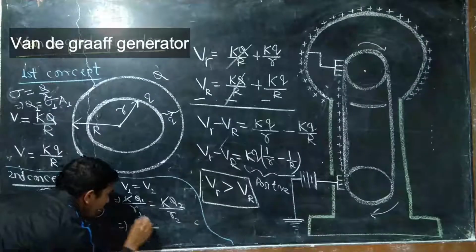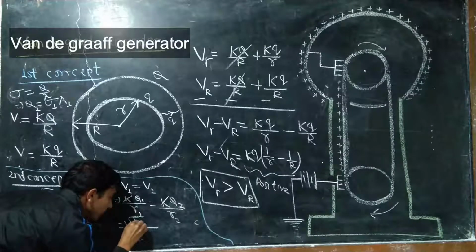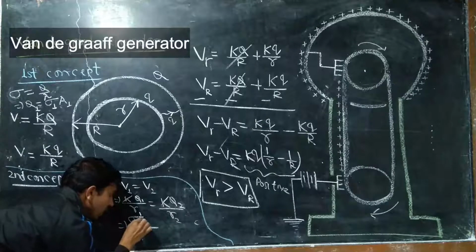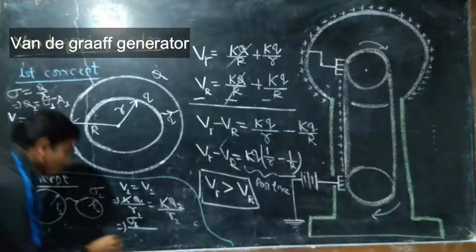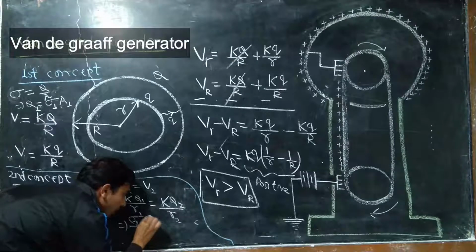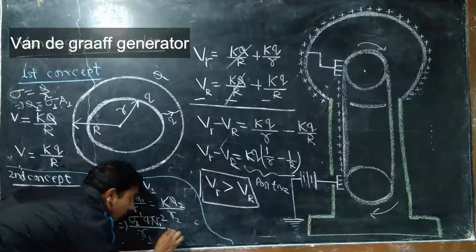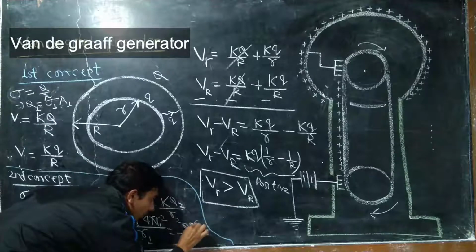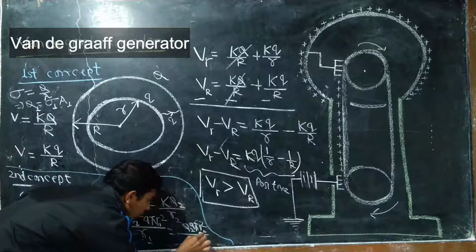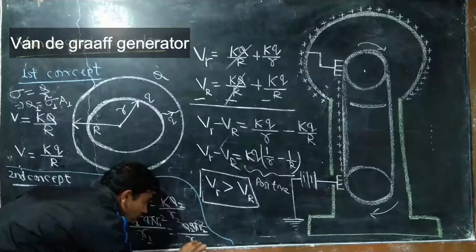So now I'm going to substitute the value, so here sigma 1 will come, and A1 is the area of this one. And the area of this one is how much? 4 pi R1 squared, right? Divided by R1. Similarly, we can write here sigma 2 into 4 pi R2 squared, divided by R2, right?